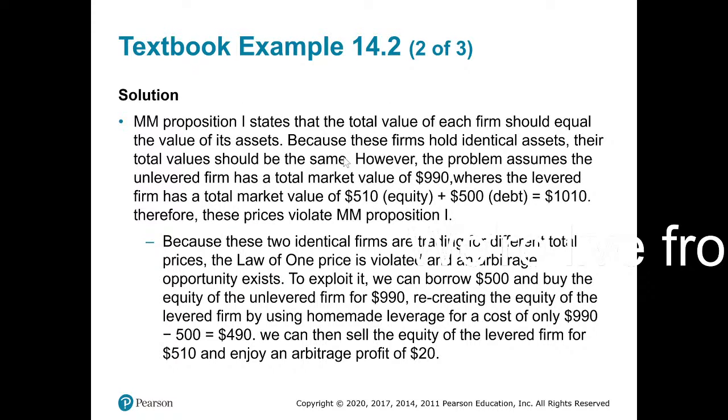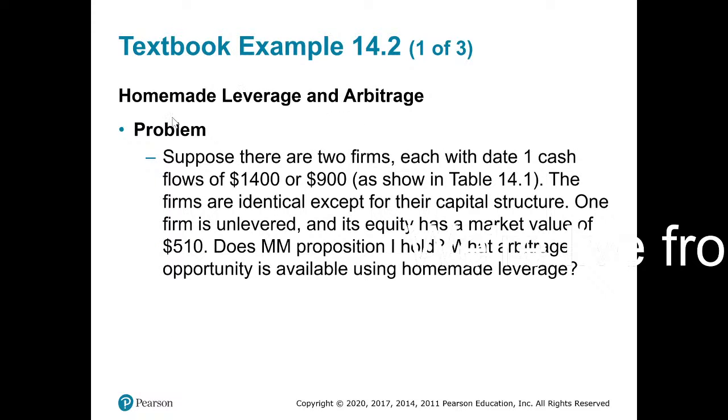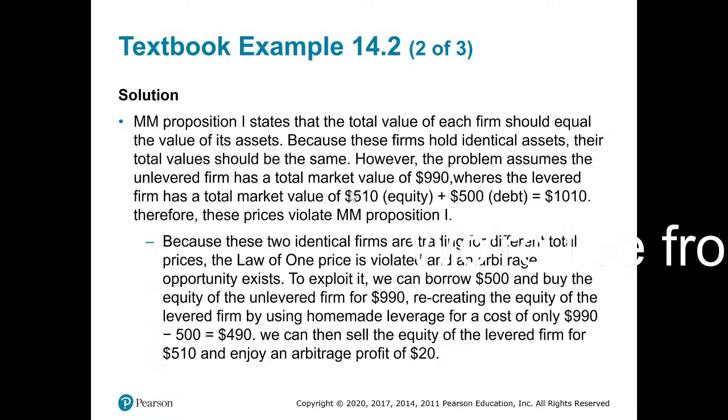And here, if you look at here, the equity has a market value of this much, 510. And if what we calculate is higher than 510, we could arbitrage, make a profit.